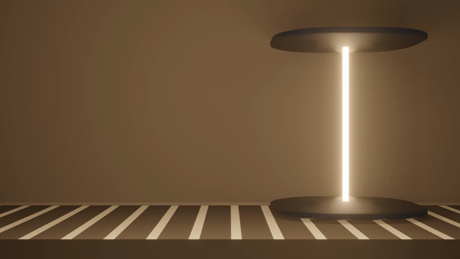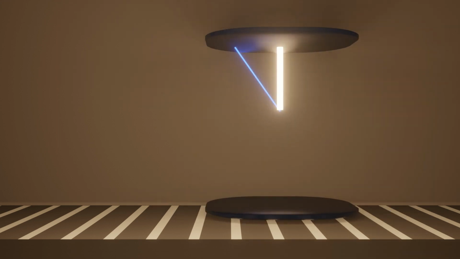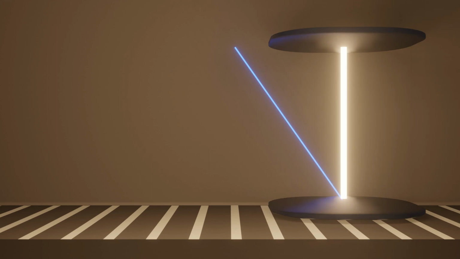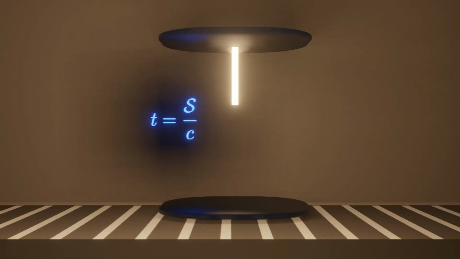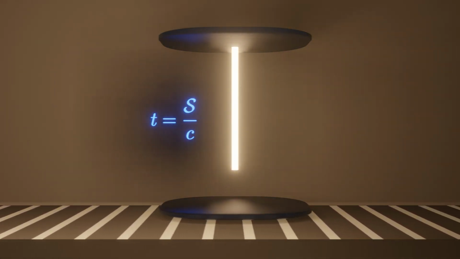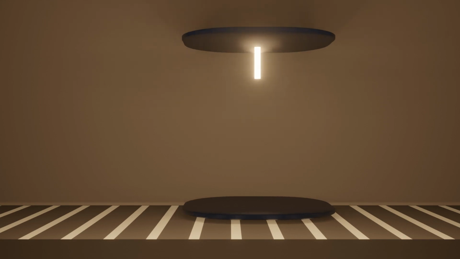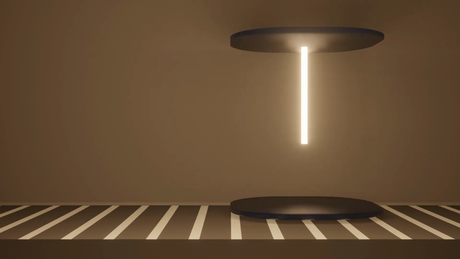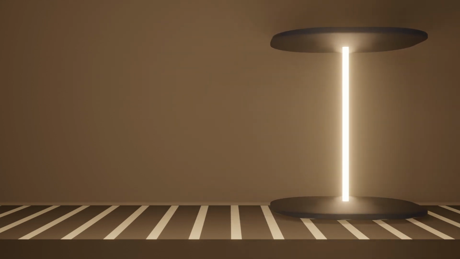So in this case, the path of the light is S prime, which is greater than S. And now comes Einstein's postulate regarding the speed of light. And this is very important. In both cases, for this one and for this one as well, the speed of light is the same and is c.